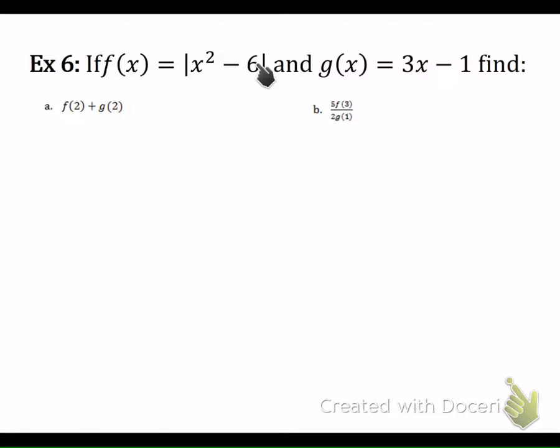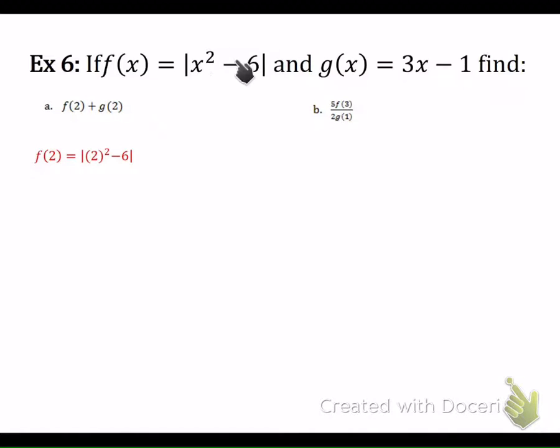Okay? So I want f of 2 first. So I'm going to plug a 2 in here. Then I want to add to that g of 2, the g function evaluated at 2. So let's do them separately. F of 2.